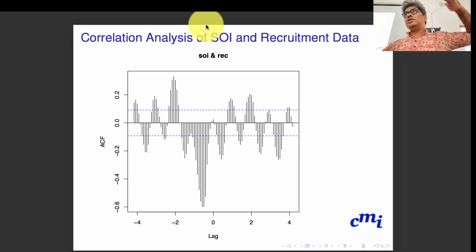The Southern Oscillation Index is typically estimated at two points on the southern part of the Indian Ocean.